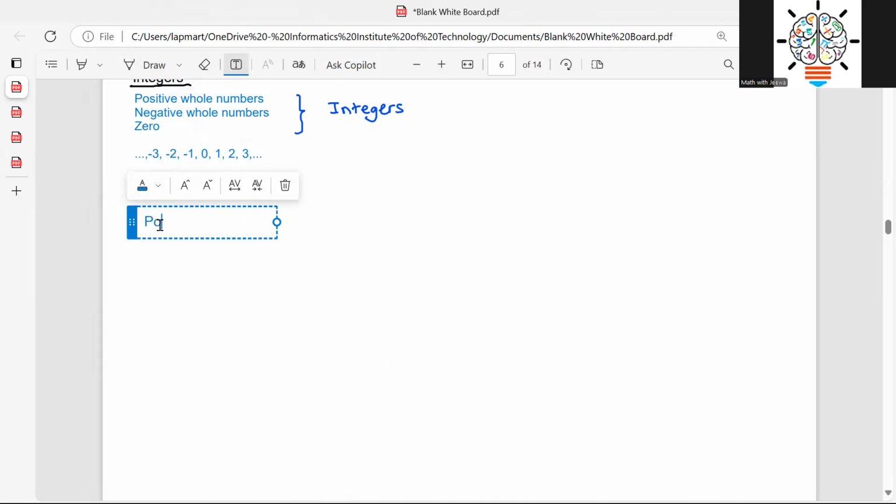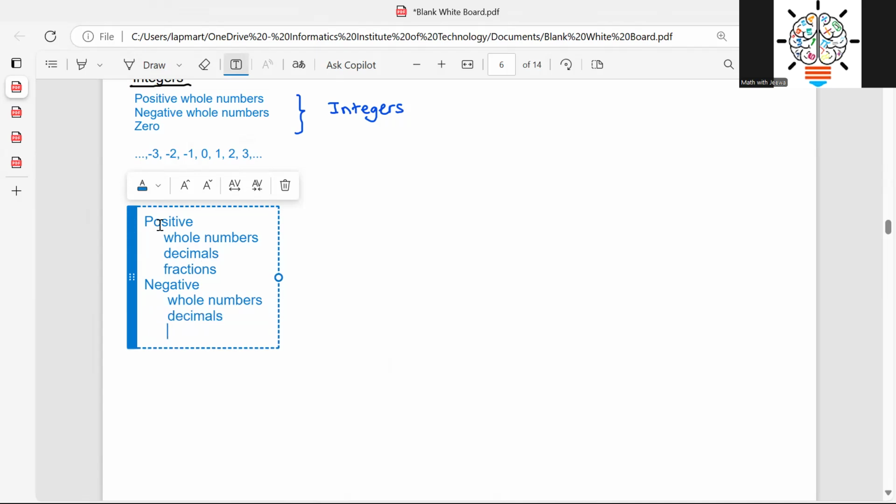Positive whole numbers, positive decimals, positive fractions, then negative whole numbers, negative decimals, negative fractions, then 0.